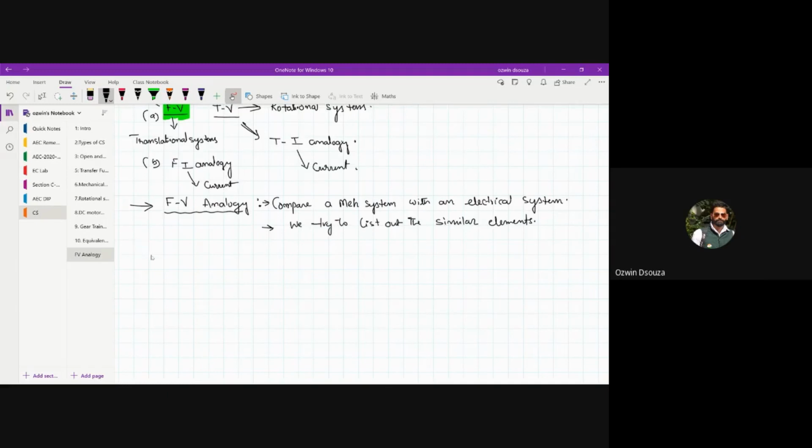Now, let us consider a simple 3-element translational system.